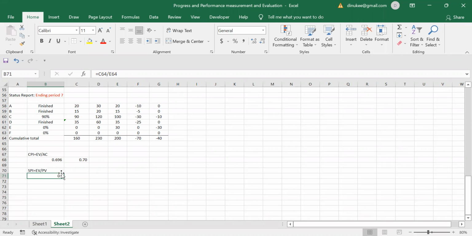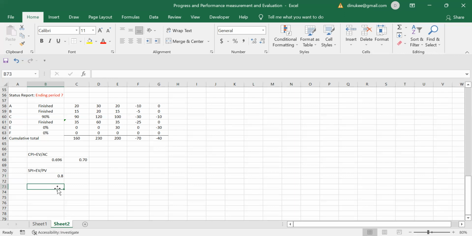Now we schedule to complete work worth 1 rupee, but at the end of period 7, we are able to complete only 0.8 worth of work. So that is the explanation for the Schedule Performance Index, right?